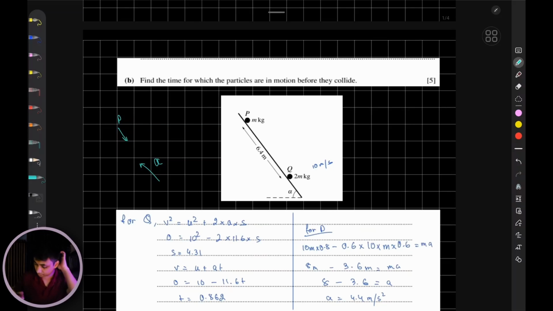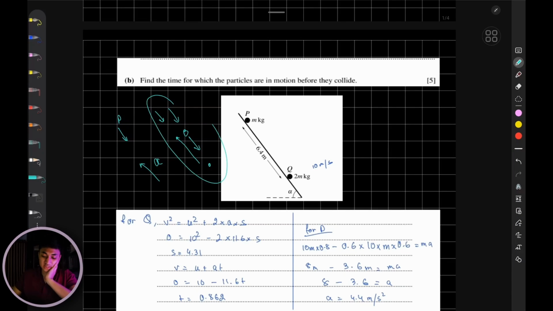Second, P is going to fall down, Q is going to move up, and Q is going to reach velocity 0, while P continues falling down, and Q also changes its direction and moves down. In that scenario where both particles are moving down, they're going to come in contact, let's say, somewhere over here. So those are the 2 things that can happen, right?